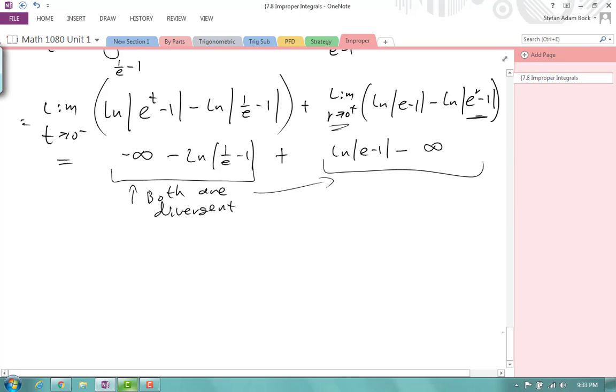So what I have to conclude, this is a negative infinity, just being careful, is that this limit actually doesn't exist, or this integral. The integral from -1 to 1, e to the x over e to the x minus 1 dx is divergent, because the limits were divergent.